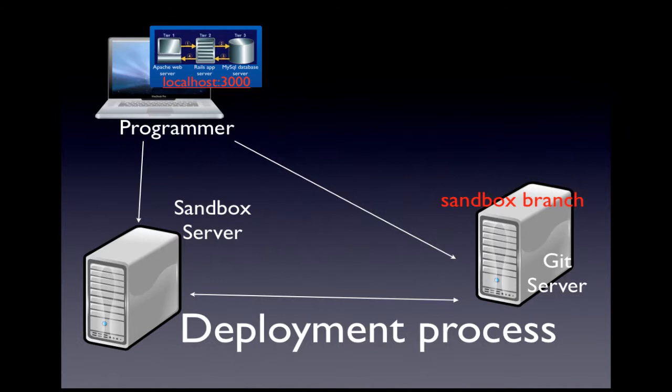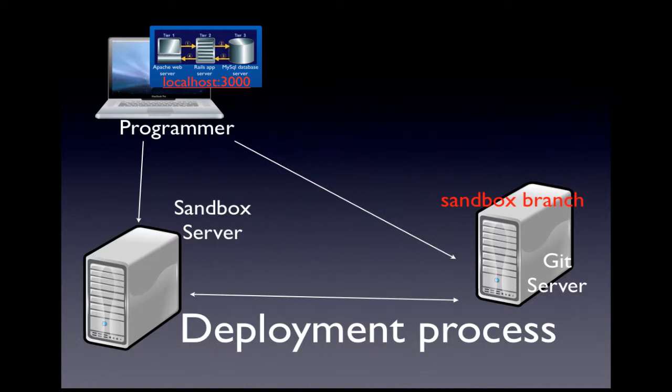So you can just leave everything on the sandbox as is, move on to your local master, fix the bug, commit it to your local master branch, and push it to the remote master branch, and then deploy it to the staging server. The quality assurance team can make sure that the bug is fixed.